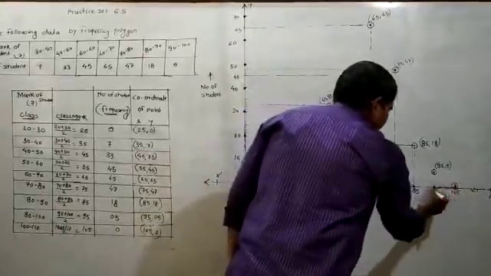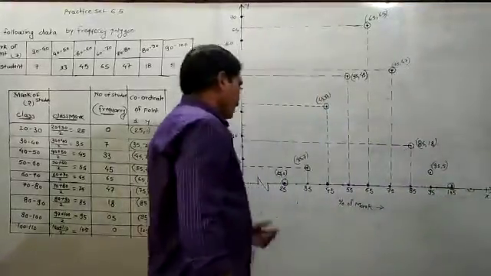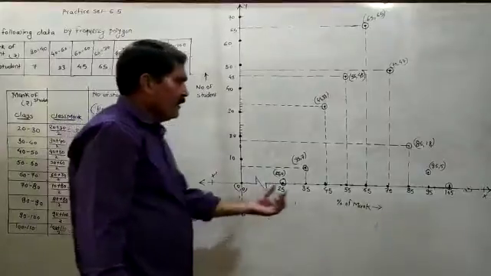So this is the y coordinate of this point: 105, frequency 0.